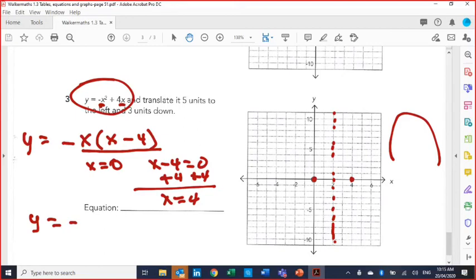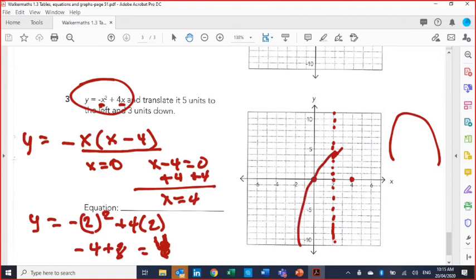So negative 2 squared plus 4 times 2 gives us negative 4 plus 8, which is 4. Good grief. So positive 4. Okay. So up 4. 1, 2, 3, 4. So there.